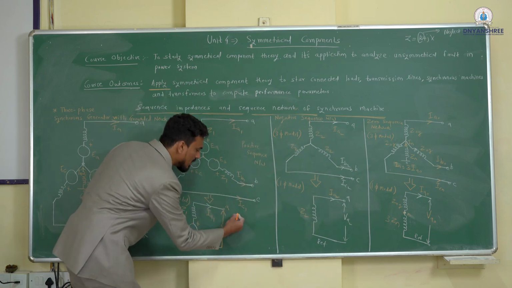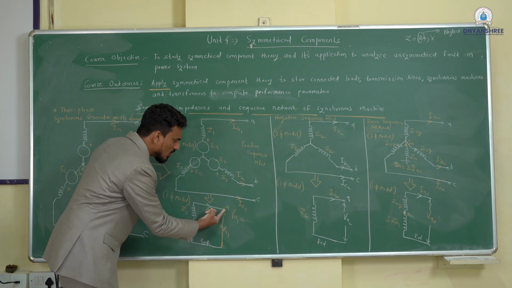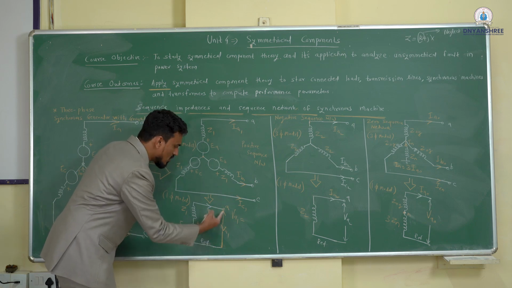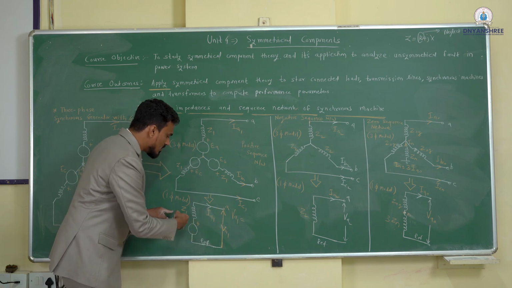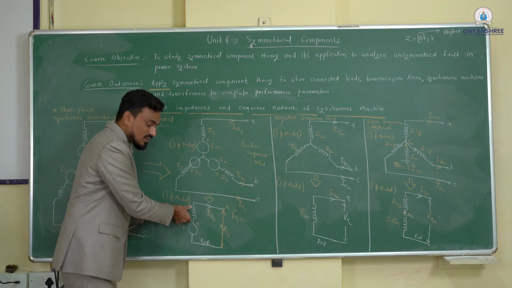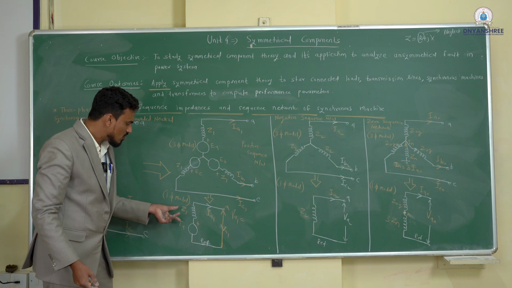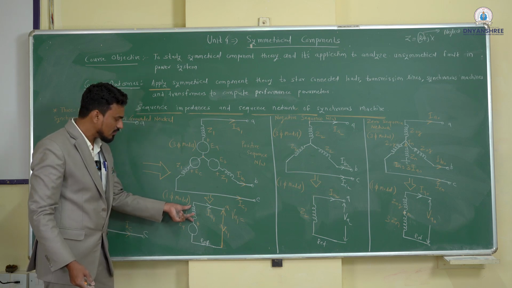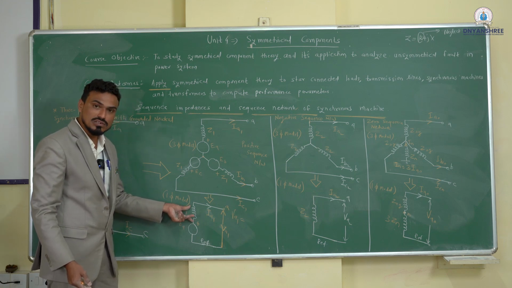The equation can be written as VA1 is equal to, so I just want to walk from point A to the reference bus. First of all, the drop across Z1 comes into the picture. What is the drop in the positive sequence impedance?